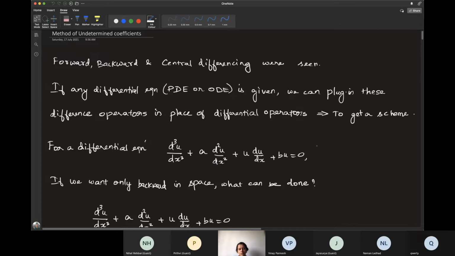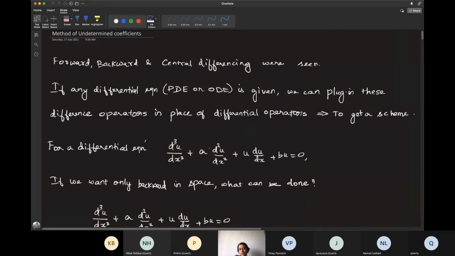If you want a scheme for this differential equation of some accuracy, you'll have to replace these differential operators in this equation by difference operators of the same accuracy that you require for your whole scheme. That is, if you replace this d cube by dx cube term by some difference operator, that should have the same accuracy.